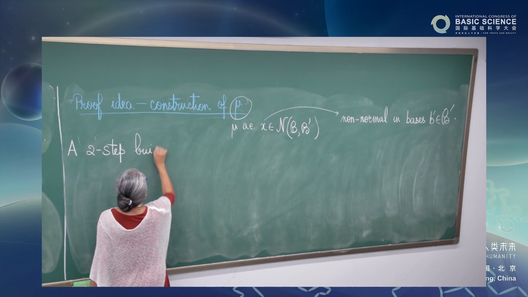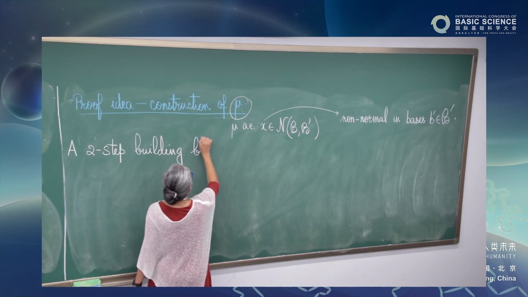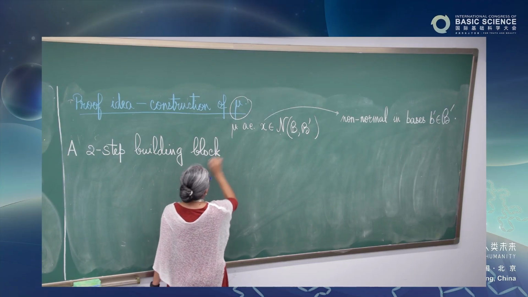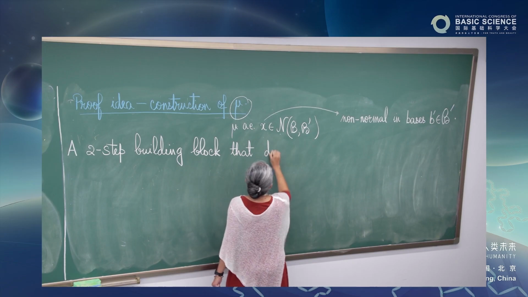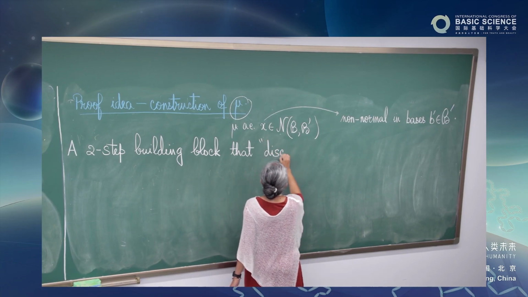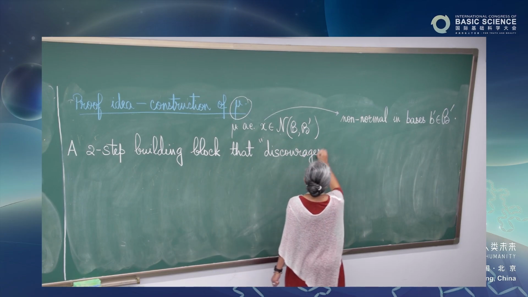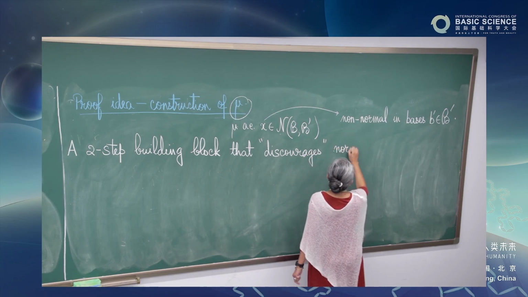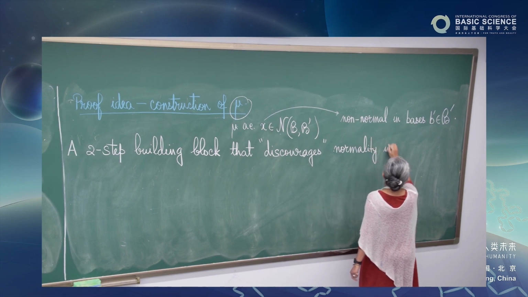So you should think of it as an elementary operation that discourages, whatever that means, we will see in a moment, normality in a certain base.